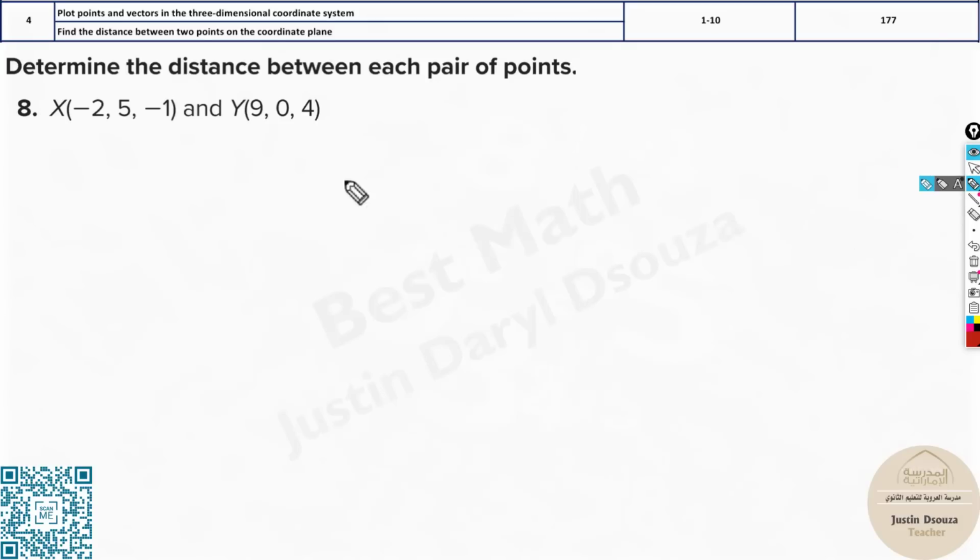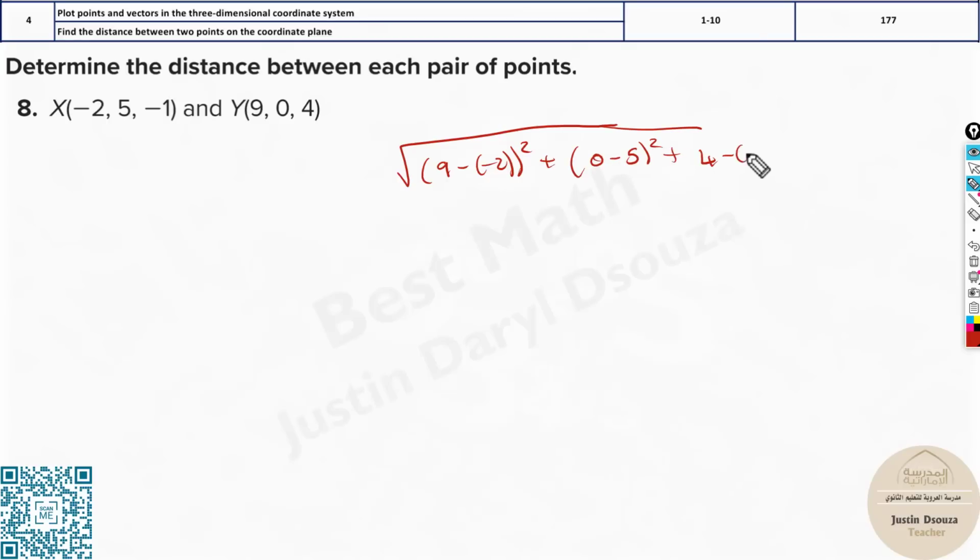Let's quickly do it. Same formula, it doesn't change. You need to write the formula in every question, but I'm not going to write it now. I'll directly substitute: x2 is 9, so 9 minus of minus 2 the whole squared plus 0 minus 5 the whole squared plus 4 minus of minus 1 the whole squared. Why?